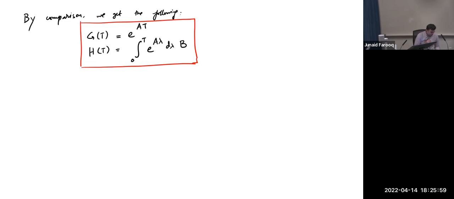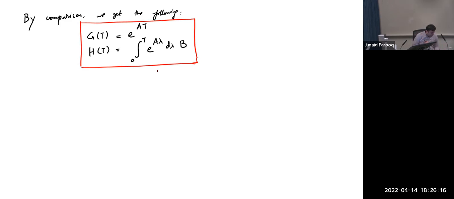That's the exact same reason why I was saying the A and B matrices between continuous time and discrete time are not the same. They are related according to this relationship.